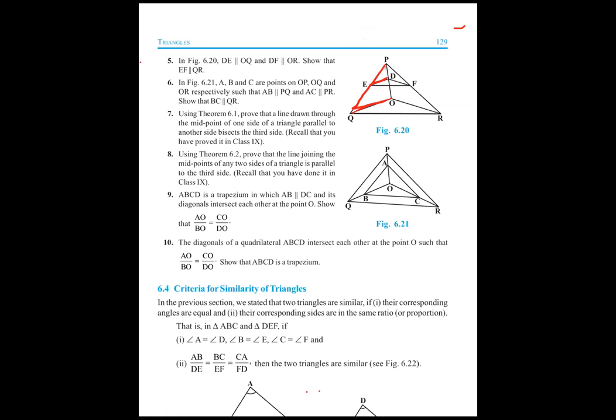This triangle and then another triangle. This triangle. So PE by EQ is equal to PD by DO. Then in another triangle, PD by DO is equal to PF by FR. So PF by FR is equal to PE by EQ.